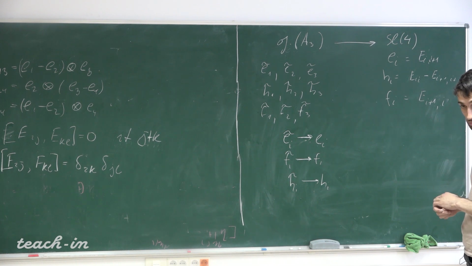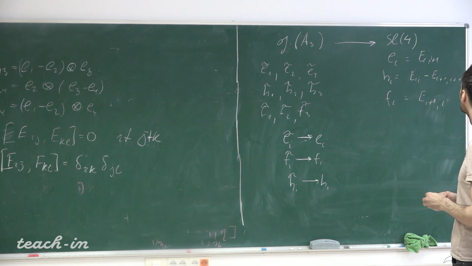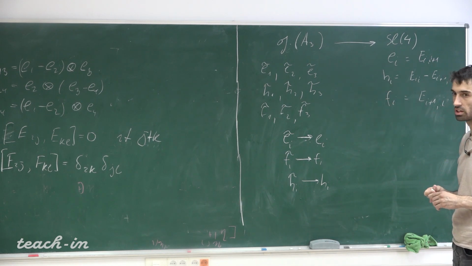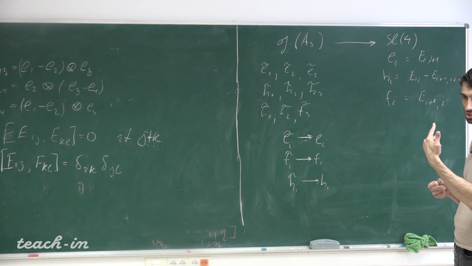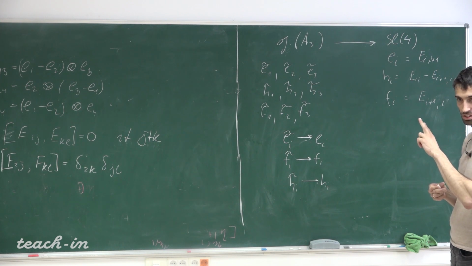And in A3, if I count total roots, not just the simple roots, that's also 9. Is that sufficient? So no, H is not a root though. It's in the Cartan subalgebra. So you have 6 roots and 3 elements in the Cartan subalgebra. Sorry, but only two of them are linearly independent.